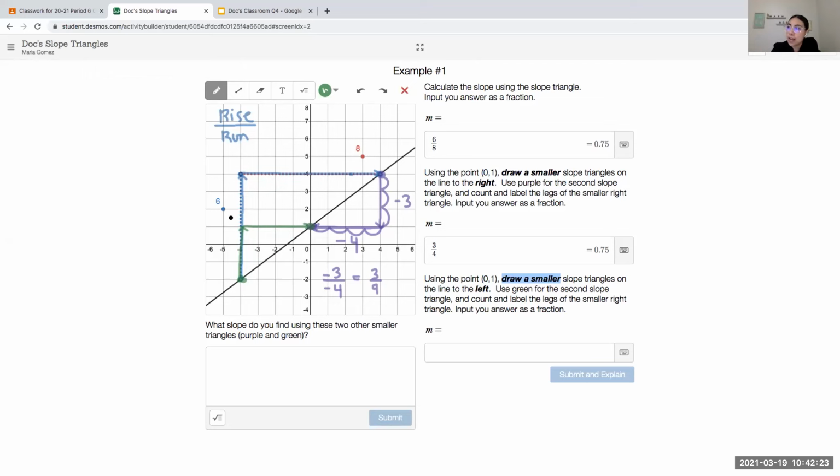Okay, think of your rise. I am going 1, 2, 3 times going up, which is a +3. And my run is 1, 2, 3, 4 spaces to the right. So our slope here, rise over run, is 3/4.